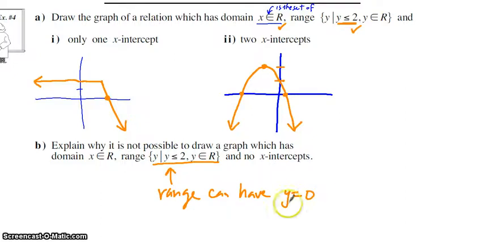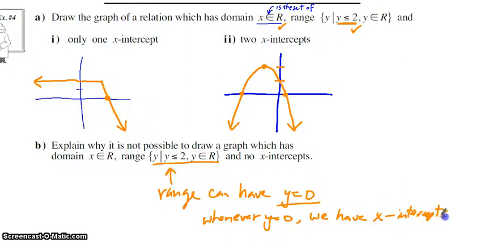And whenever y is 0, we have an x-intercept. Remember lesson 3? So since 0 is part of the range, we must have an x-intercept somewhere.